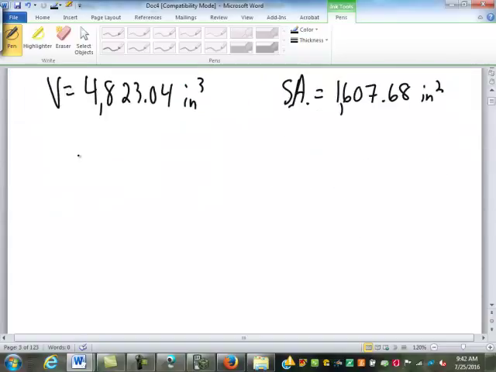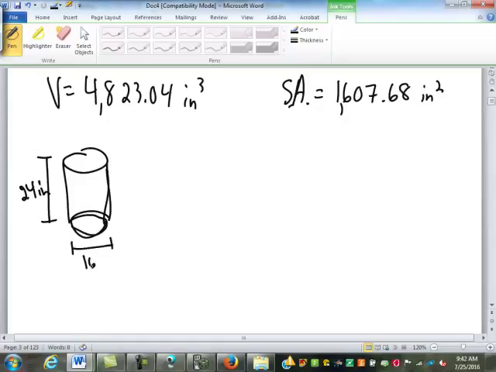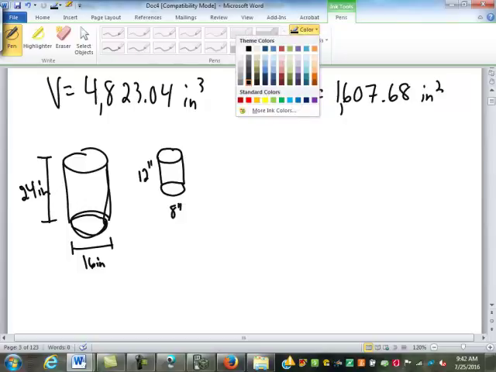And the old picture was 24 inches tall and 16 inches across, correct? So in our new picture, we're 12 inches tall and 8 inches across. Find the volume and surface area of the new one.